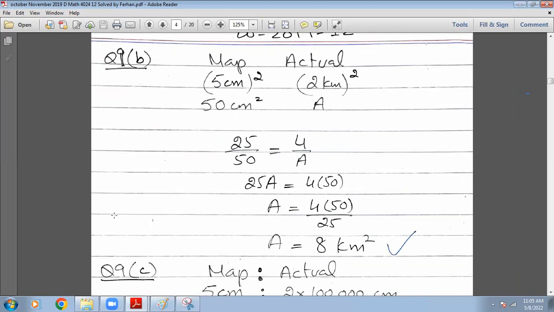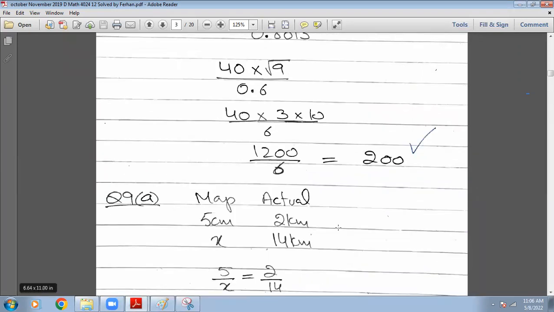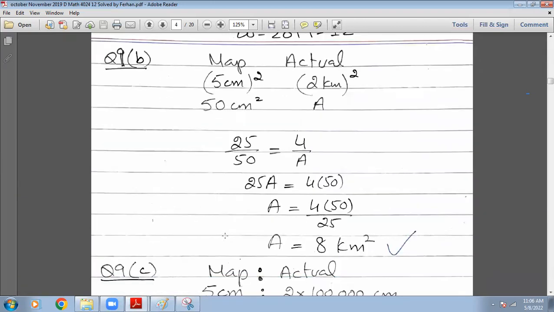So map, actual, ratio of proportion: 5 centimeters square, 2 kilometers square. So I took the square of that scale. The scale was this, the one which was given. I will take the square so I can use it for the area. And the question is 50 centimeters square on the map. How much is the actual?